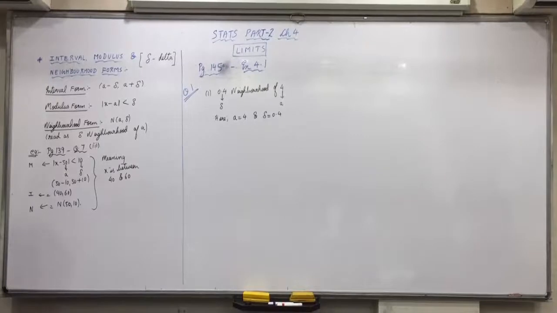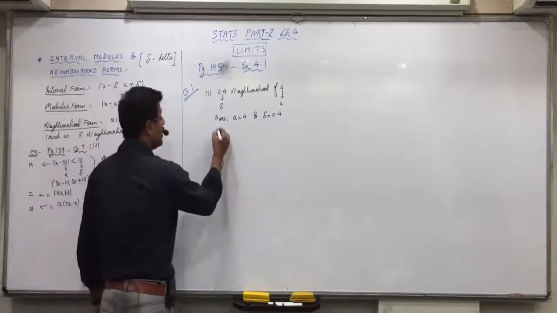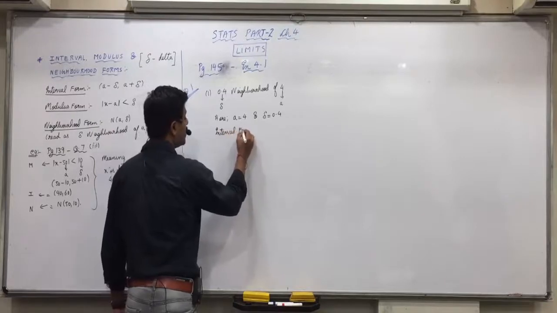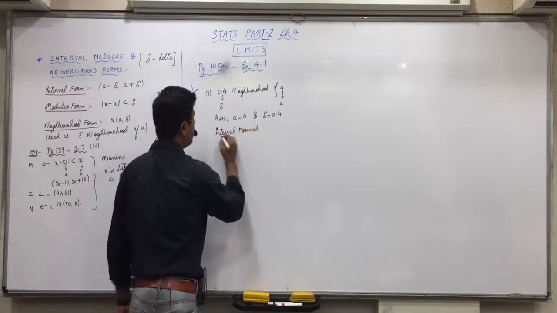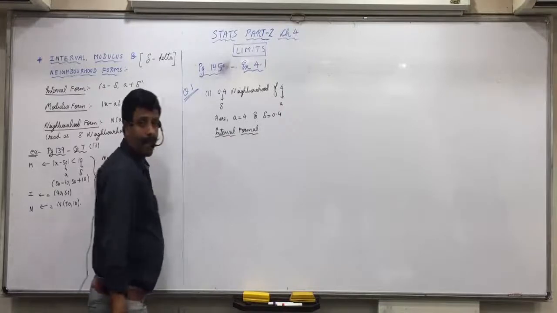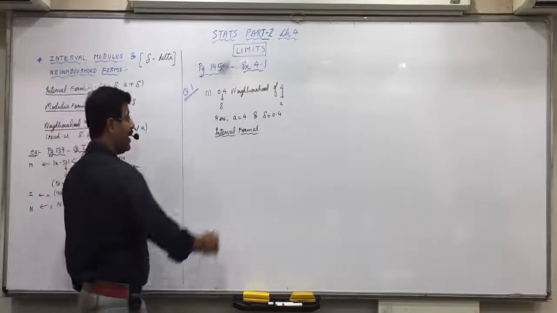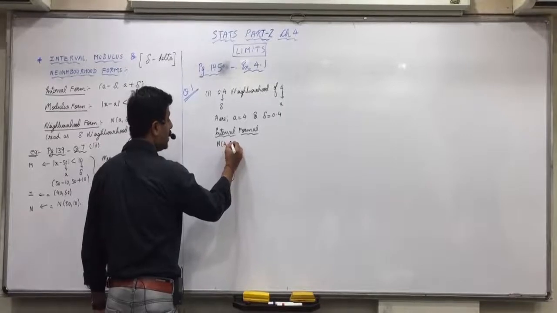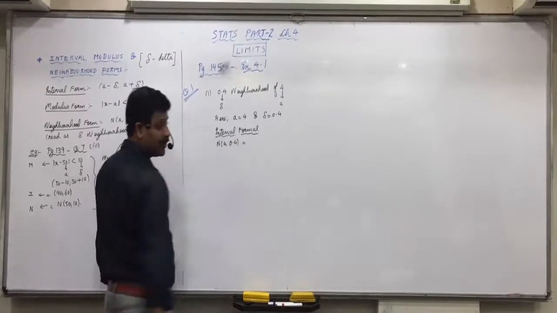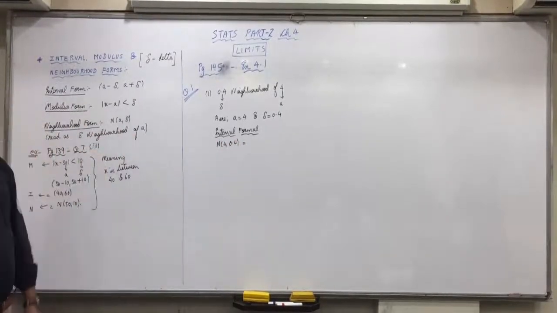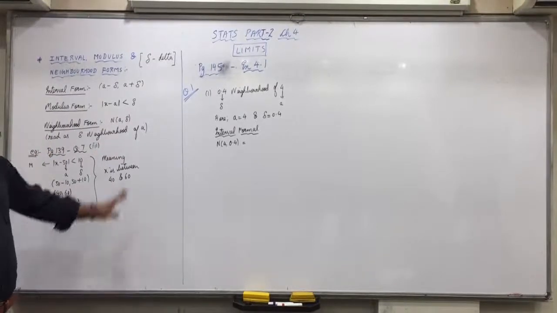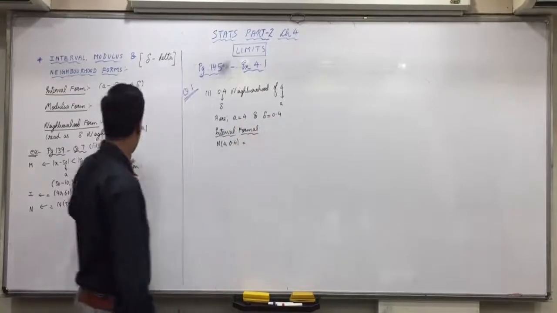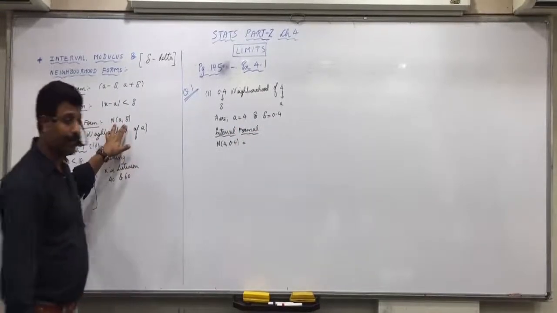Now we are asked to express it in interval form and modulus form. So we will write N(A, delta), that is N(4, 0.4), is equal to. This is how we write the neighborhood form in symbols.